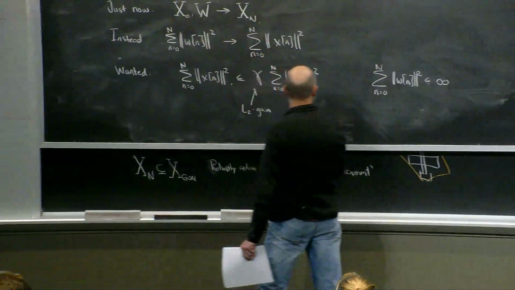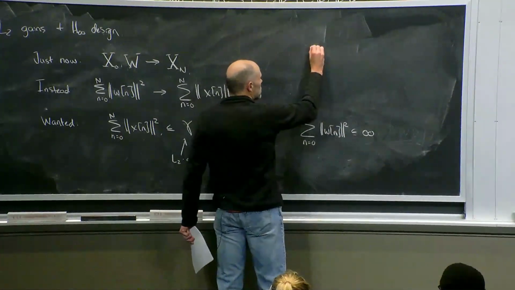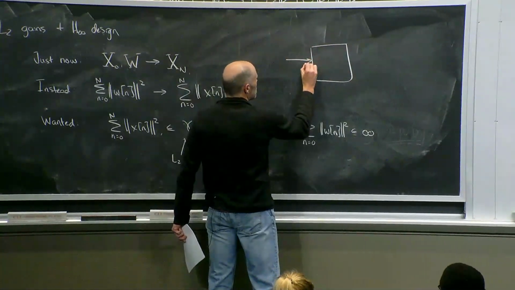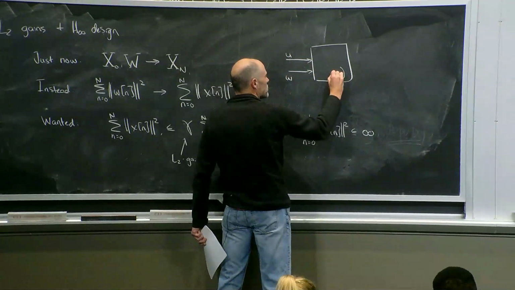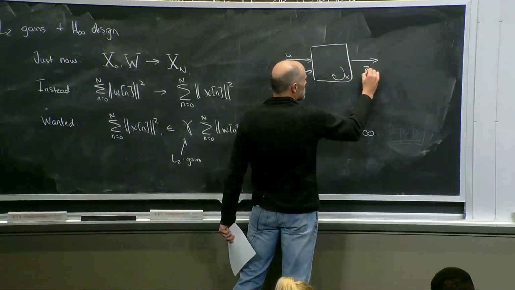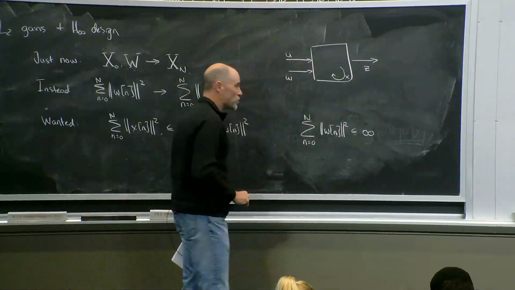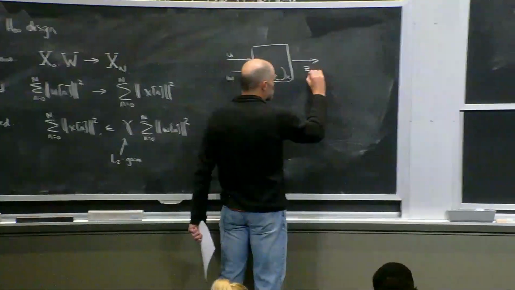Actually, there's a slight generalization of this. Normally we don't do it on X directly. My picture here is I've got U coming in, I've got W coming in, I've got an internal state X. And normally we'll have an output in the robust control world. We call this output Z, which is our performance objective.